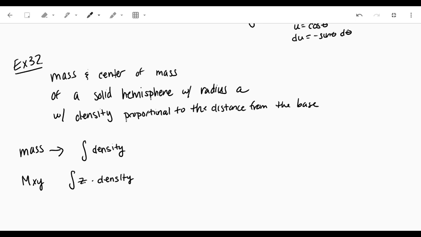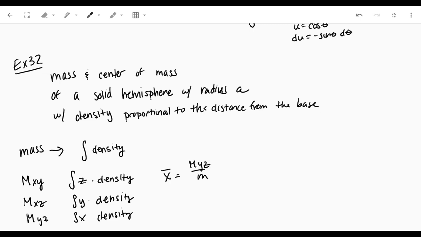Moment around xz, you integrate y times the density. Moment around yz, we integrate x times the density. And then x bar is moment around yz over mass, y bar is moment around xz over mass, and z bar is moment around xy over mass. That's your basics there. We can get a little bit more formal than that, but that's the basic idea.